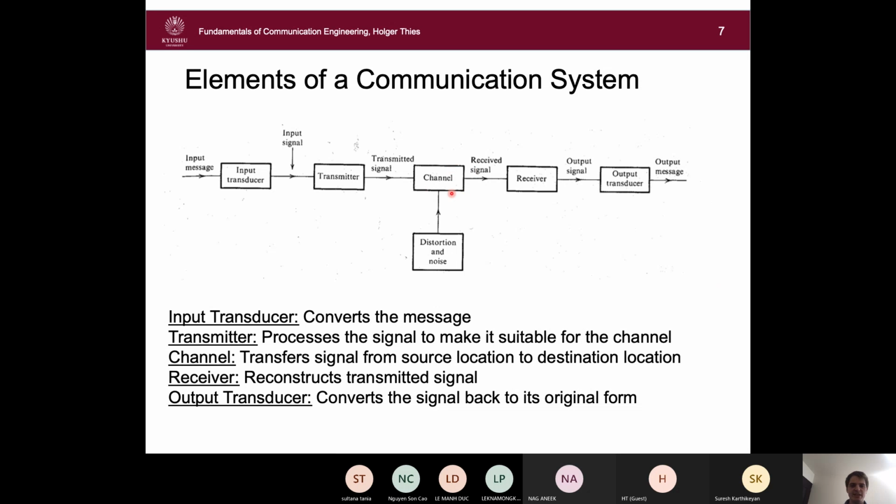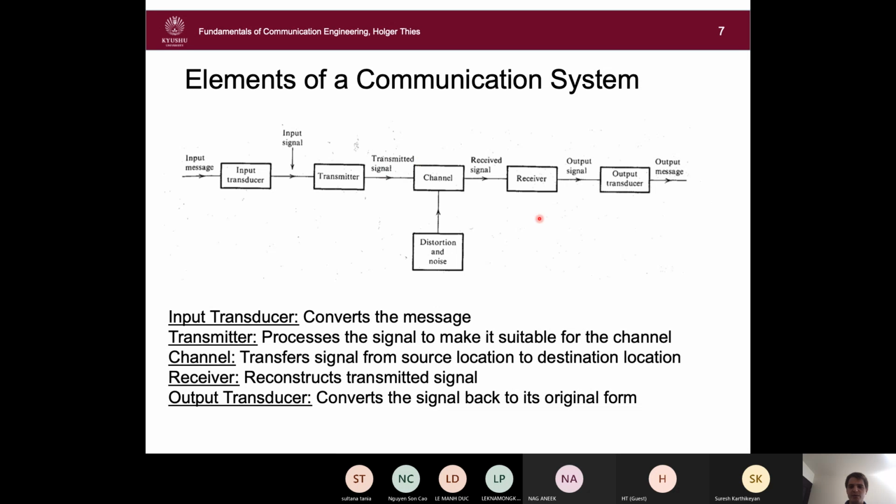However, the channel usually cannot transfer the signal perfectly because there's some distortion and noise in the channel, because it's a physical medium. This leads to changes in the signal, and this is why the received signal can be slightly different from the transmitted signal.